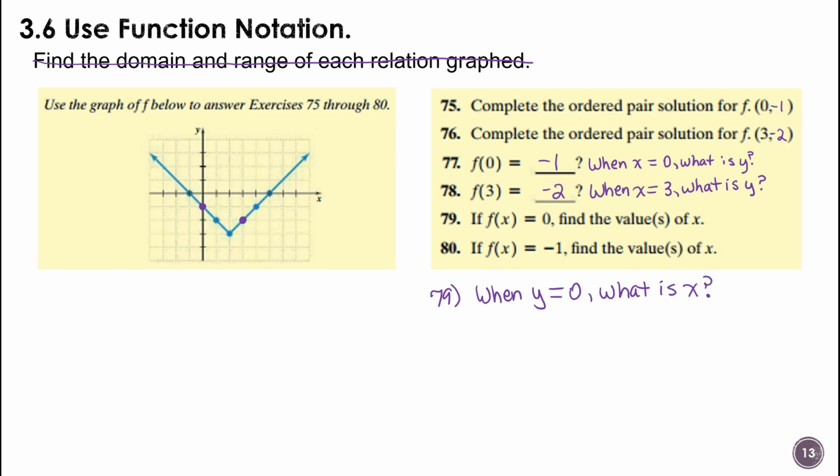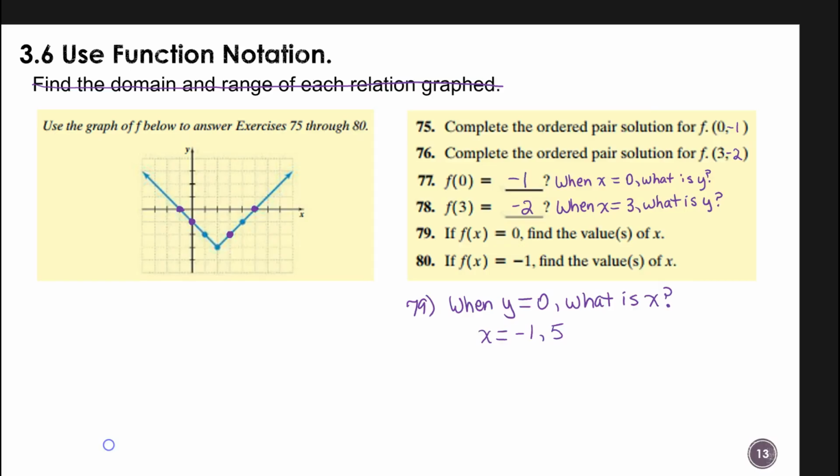All right, so let's look over here. When y equals 0, that's actually the x-axis. So there are two ordered pairs, or two x coordinates. One's at negative 1, and the other is at 1, 2, 3, 4, at 5. So this is going to be x equals negative 1 and 5.